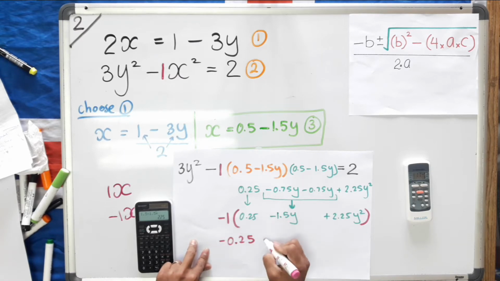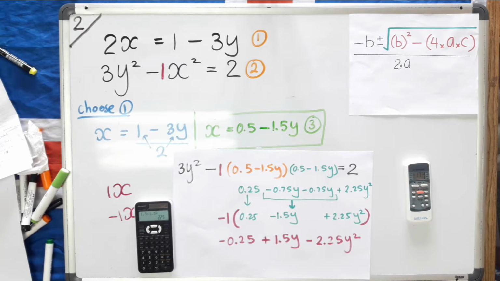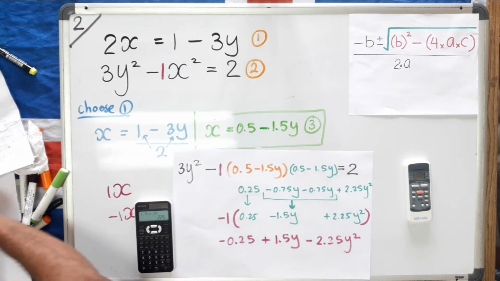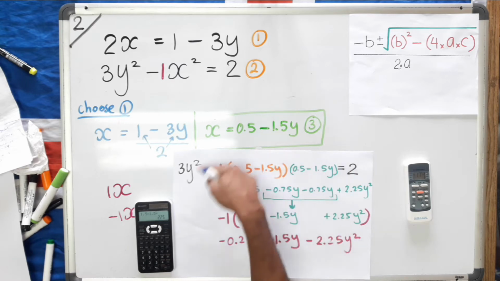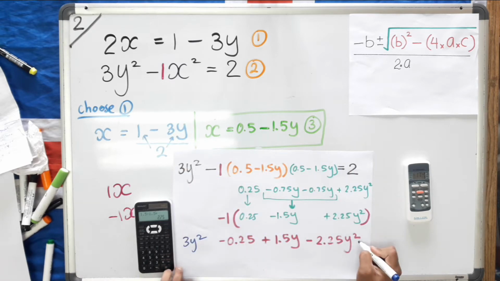Minus 1 by minus 1.5y is positive 1.5y. And minus 1 by positive 2.25 will give me negative 2.25, and don't forget that y squared. I'll run out of space here. That's this part alone. We still have the 3y squared here is equal to, and we have a 2 here.